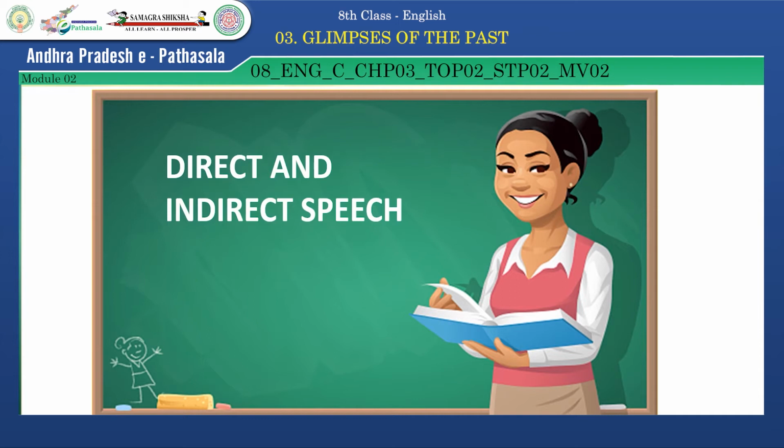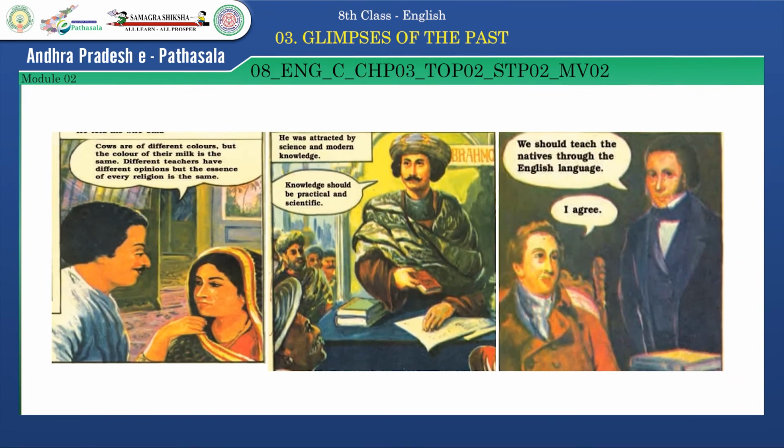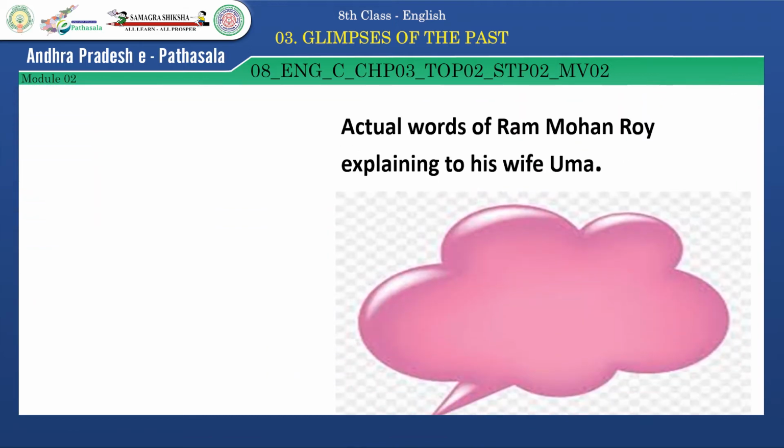Now we are going to learn direct and indirect speech. Dear students, we all know that our lesson, Glimpses of the Past, is in the form of speech bubbles, the actual words of the speaker. So let's see one or two examples from the lesson. Children, let's see the actual words of Ram Mohan Roy explaining to his wife Uma.